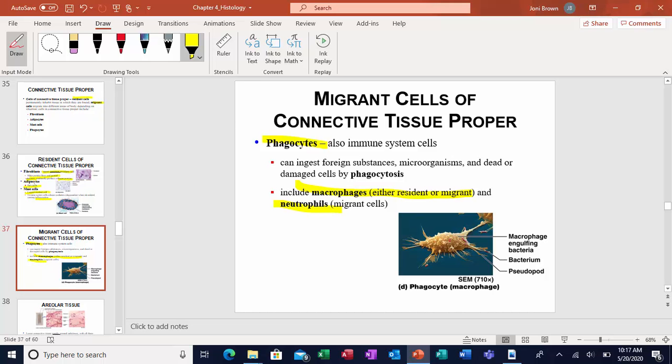Those are a type of white blood cell that migrates in and out. Now, looking at that graphic there, that little red spot is the bacteria. And then all that other stuff with the pseudopods and the big tan-colored structure, that's the macrophage eating up that little bacteria.